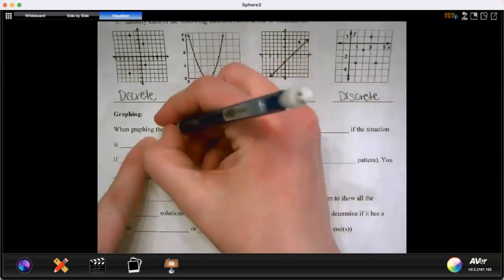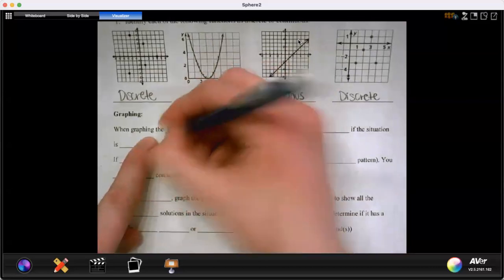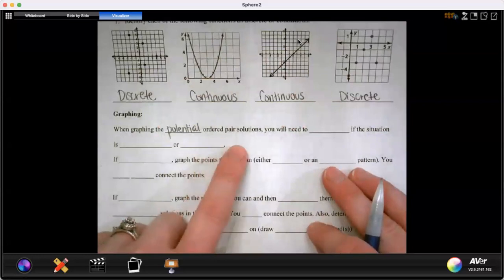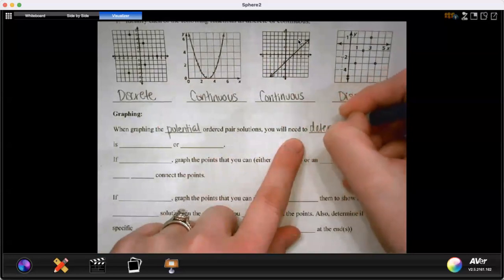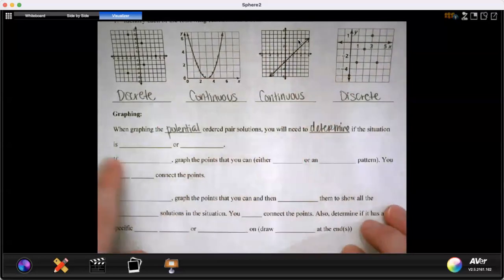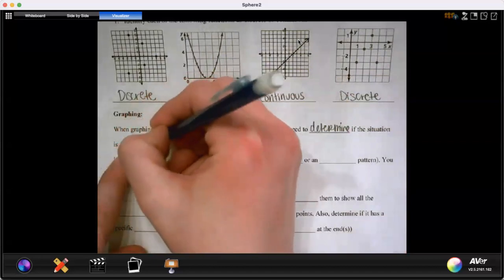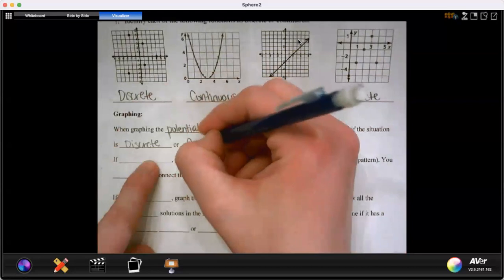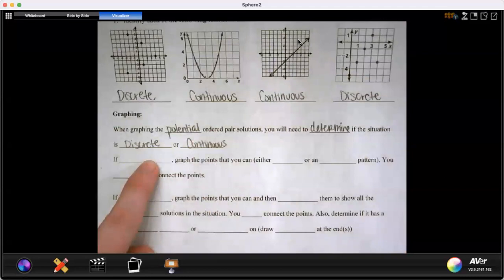When graphing the potential ordered pair solutions, you will need to determine if the situation is discrete or continuous.